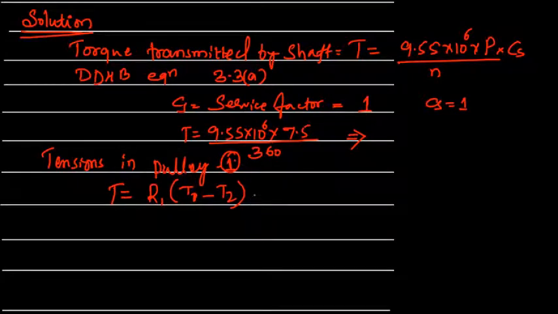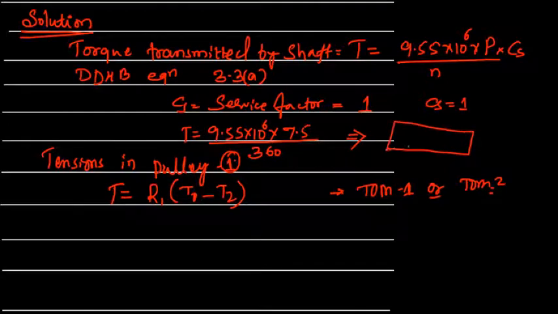I think you have studied this equation in either Theory of Machines 1 or 2, so just remember this equation. Now you substitute the value we get here from torque.